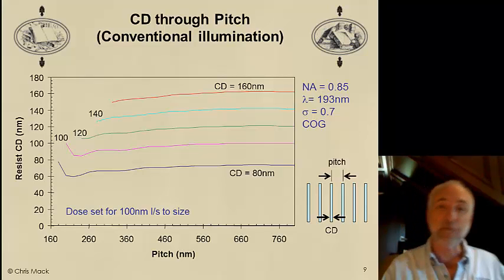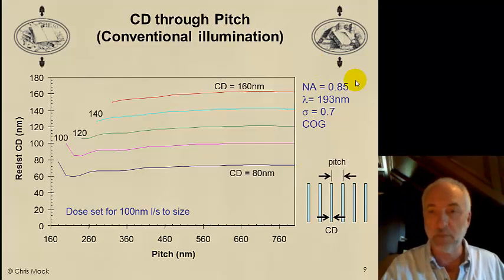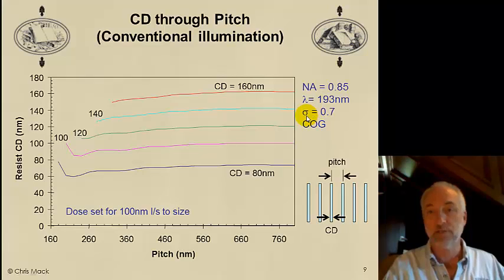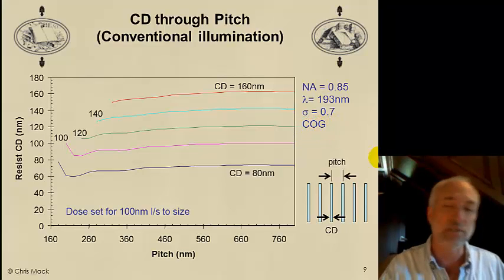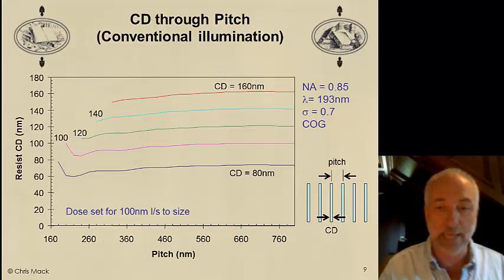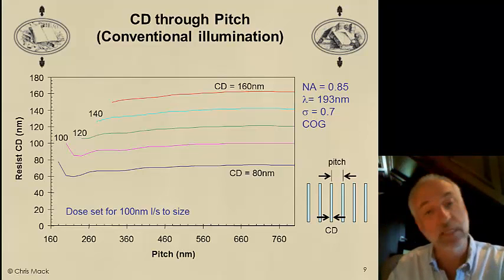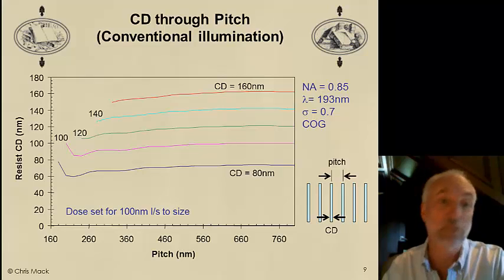The exact shapes of these curves are very much dependent upon the numerical aperture, the wavelength, the partial coherence, sigma, and this COG acronym I haven't explained yet. It's chrome on glass. It's the type of mask that we're using, which is a standard chrome mask on a glass substrate. When we get to phase shifting masks next time, we'll see that there are other styles of masks besides chrome on glass.